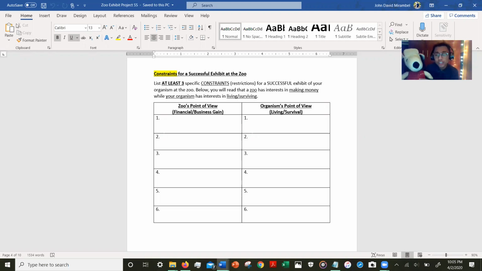That is a constraint to his survival. Since one of his criteria is that he needs a specific food in order to live, the constraint there is that the food is very specific and therefore difficult to find and get.